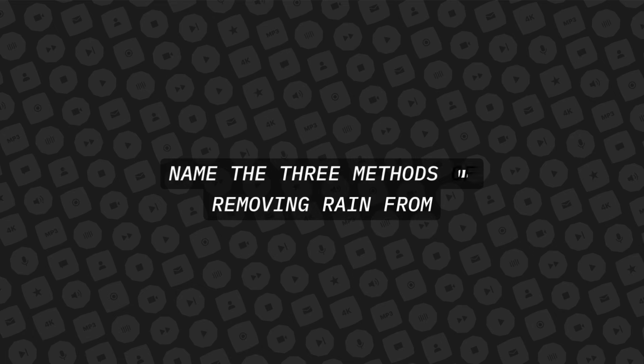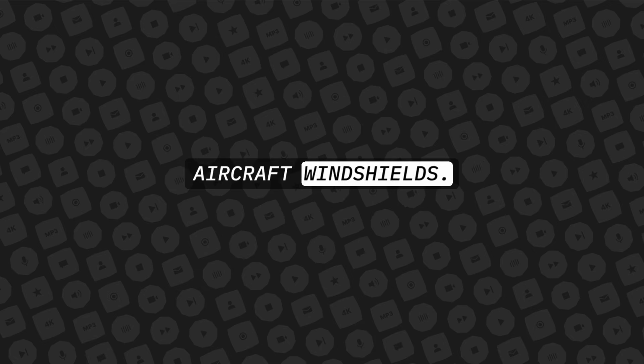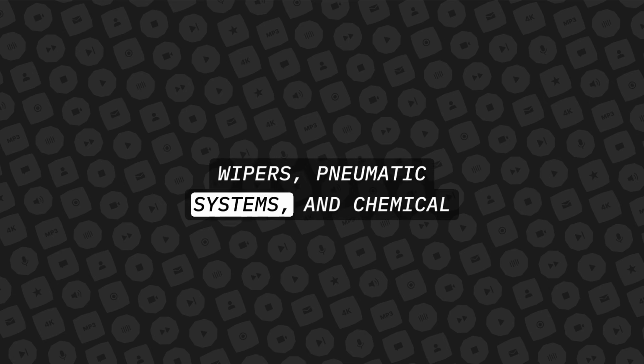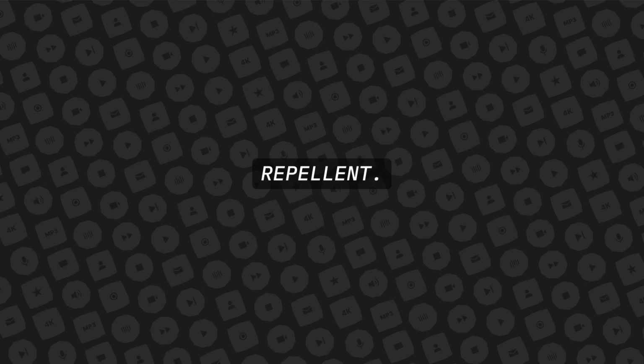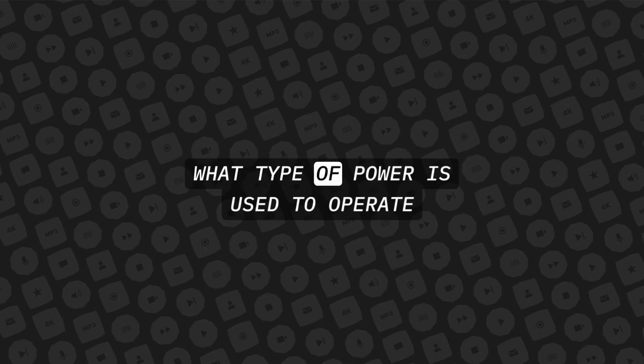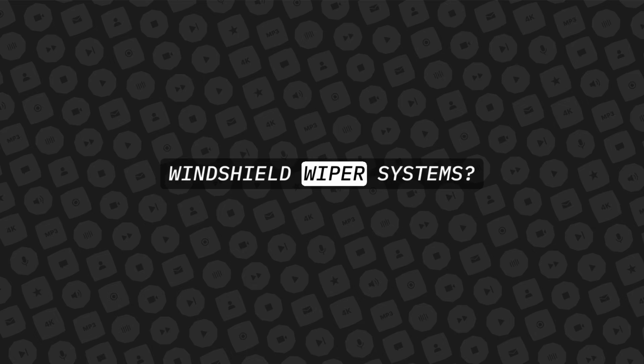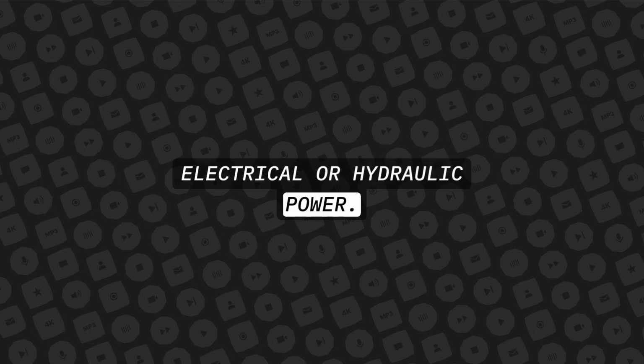Name the three methods of removing rain from aircraft windshields. Wipers, pneumatic systems, and chemical repellent. What type of power is used to operate windshield wiper systems? Electrical or hydraulic power.